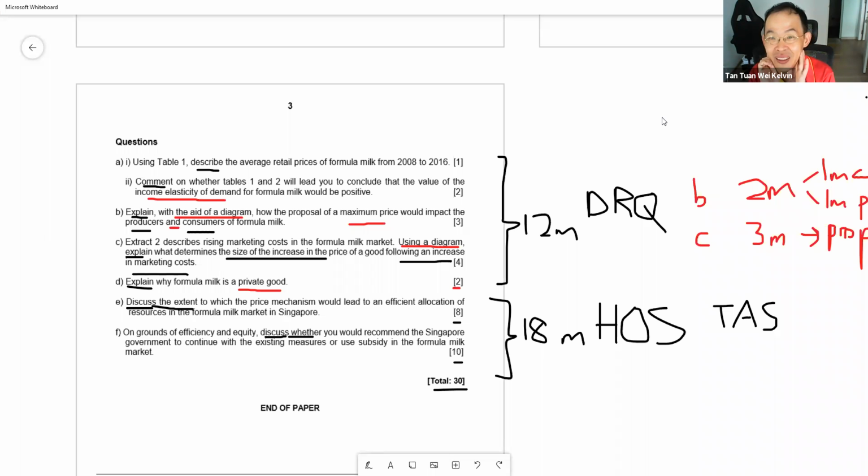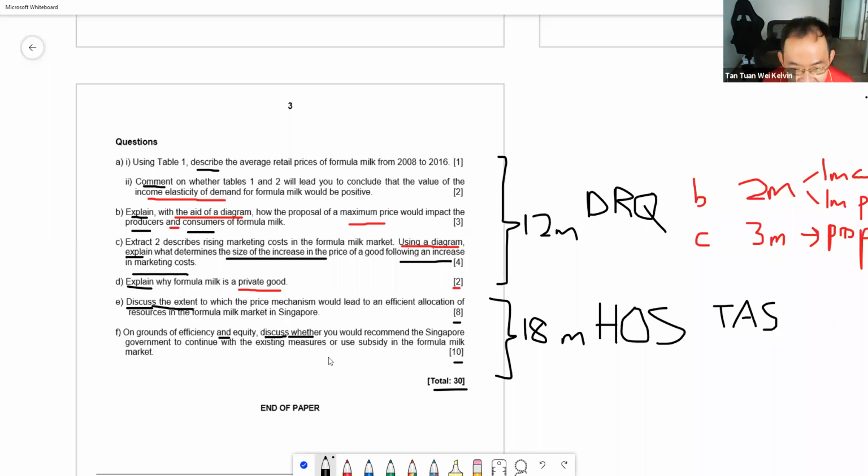Okay, just stress that it might lead to efficiency, it might not lead to efficiency, then I will take a stand at the end. So likewise for part F, right, you need to have a balanced view, but let me highlight a few words. Do you see one N here? Okay, so this tells you that for breadth, for scope, you need to address both efficiency and equity.